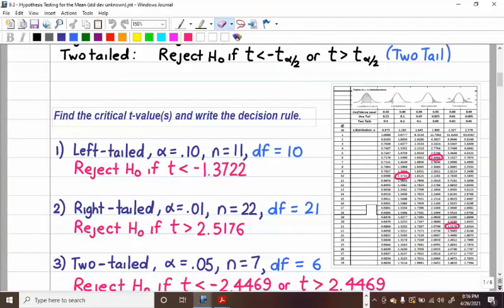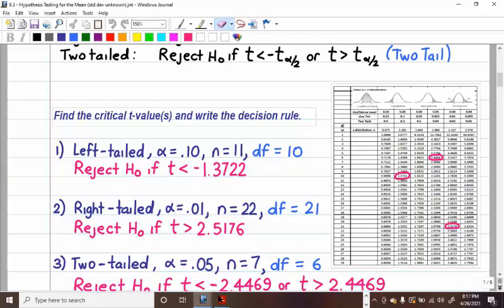Now I've got this little miniature version of the chart, but I'll go to the big chart here so you can see this. Okay, we're going to find the critical values. Value or values, obviously if it's two-tailed, it'll be two numbers. And what's this first one? Alpha equals 0.10, n equals 11. So if n equals 11, that means we have n minus 1 degrees of freedom, 10.